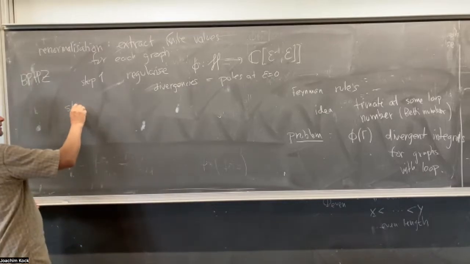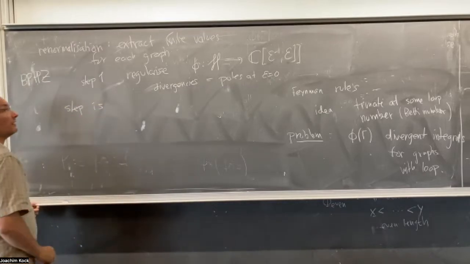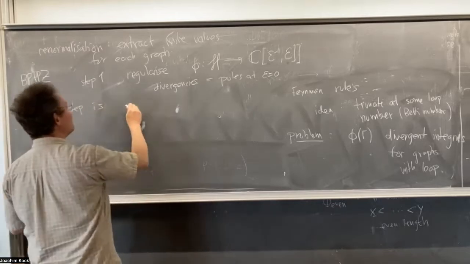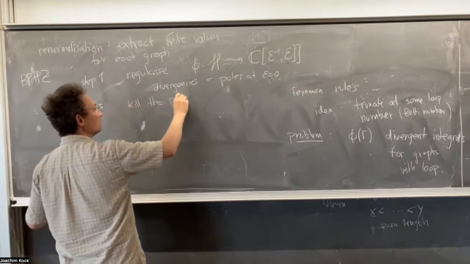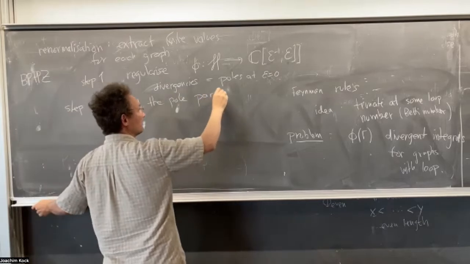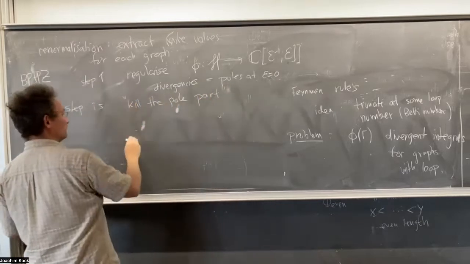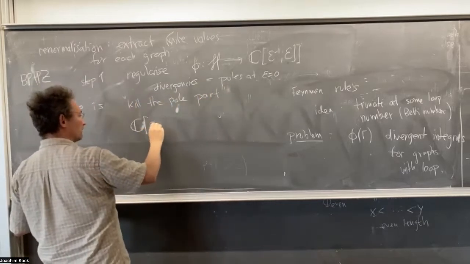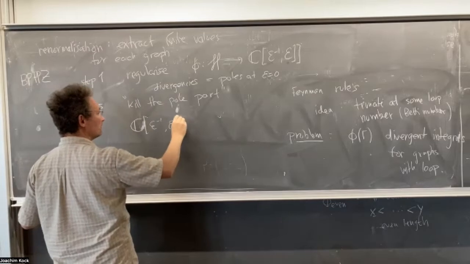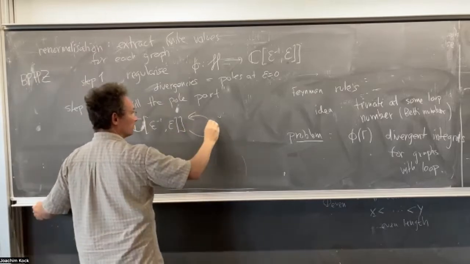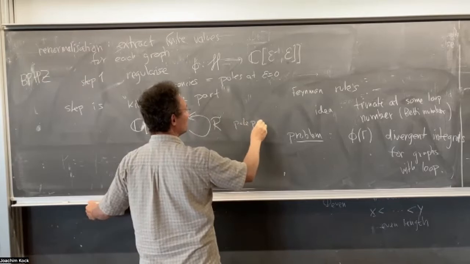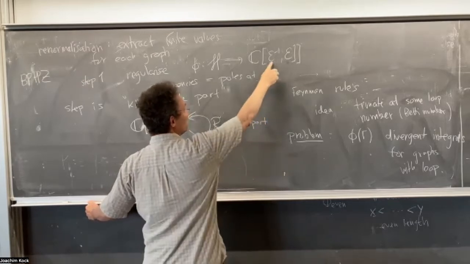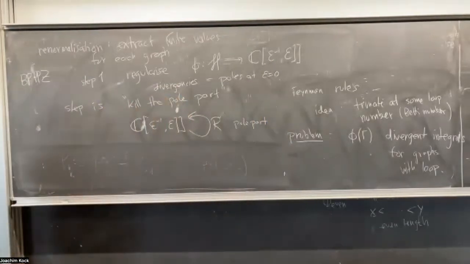So now you can manipulate these series instead of just having infinite quantities. The second step is kill the pole part. And here I really need to put that in quotes. So the ring of Laurent series has this operator which returns the pole part, so only the negative powers of this formal parameter.